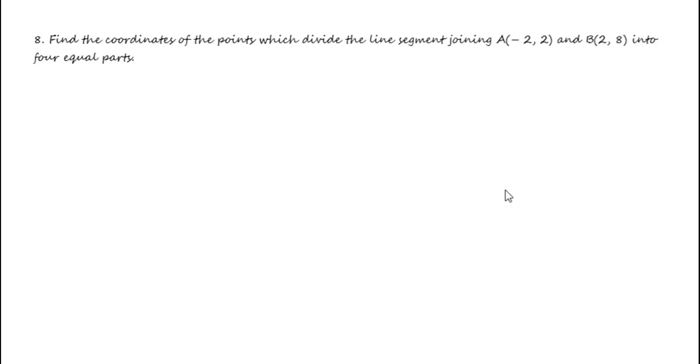Find the coordinates of the points which divide the line segment joining A minus 2, 2 and B 2, 8 into 4 equal parts. This is the line AB. A is minus 2, 2. B is 2, 8.